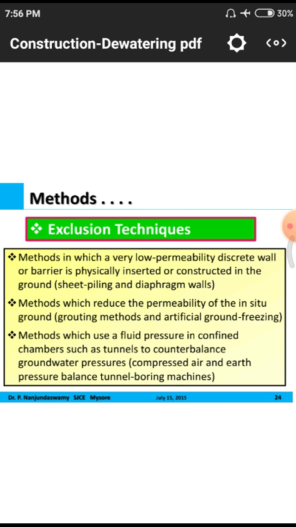Automatically the total water will be in the freezing state. That is the second stage. First of all, we use sheet piles and diaphragm walls. In the second stage we use grouting methods and freezing techniques.